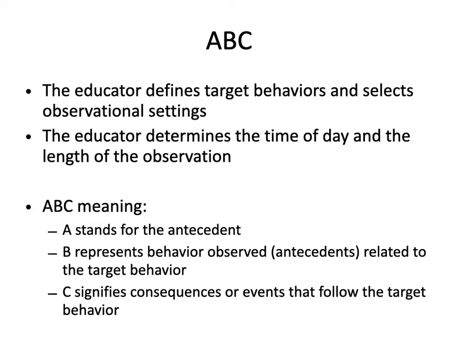So A means antecedent, what happened before the challenging behavior. B is behavior, you will observe the behavior. And C is consequence, you will see what happened after the behavior.